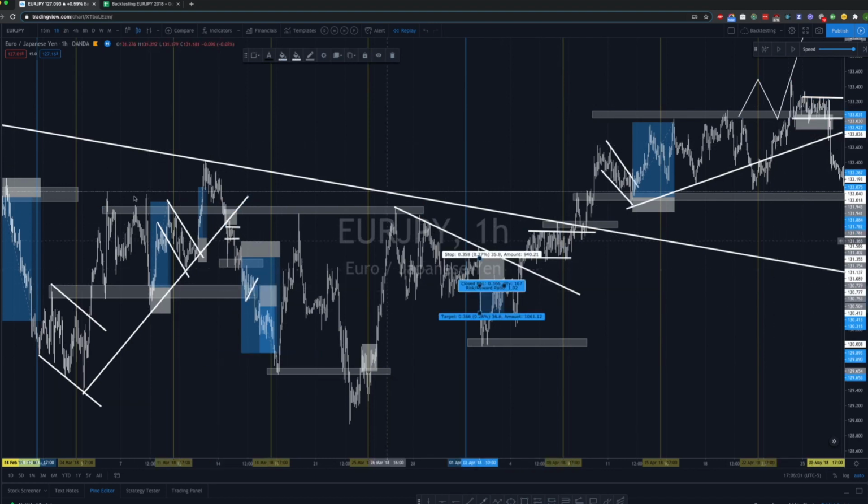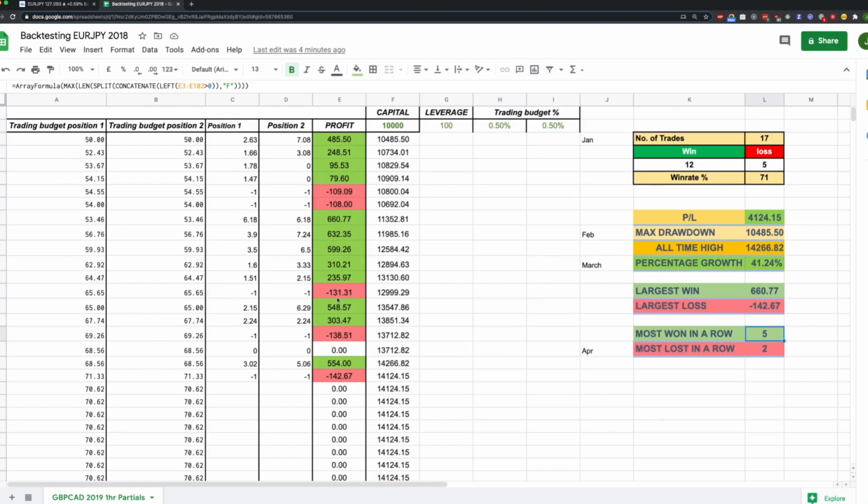We had 1 break even, and what was it, 5 winners. So let's have a look. 5 winners, 3 losses, 1 break even. That's pretty good for me. I'm happy with that.